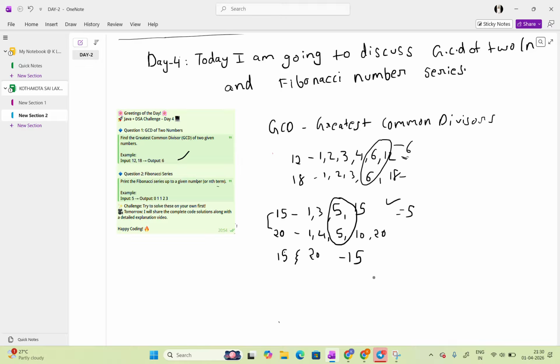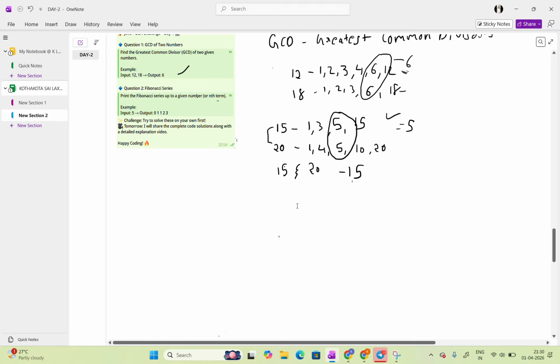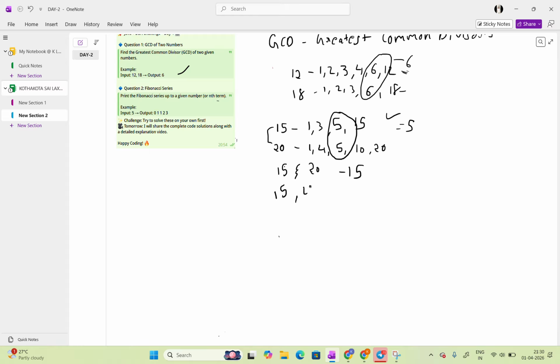Can you wait, from 15, 14, 13, 12, 11, 10, and so on up to 1. We will take up to 1. So these are the numbers. When I'm choosing from 15 and 20, I'm taking the minimum number 15, from 15 to 1. Okay, we are coming from the back side onwards.